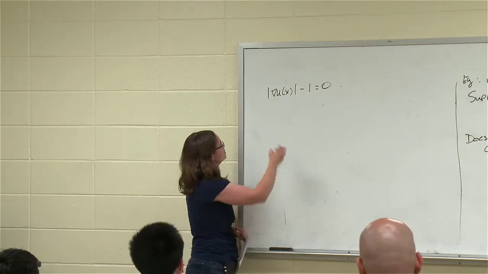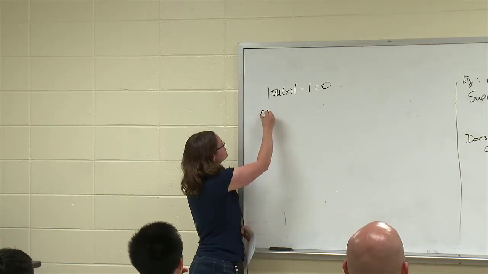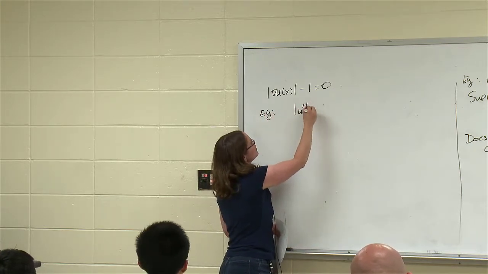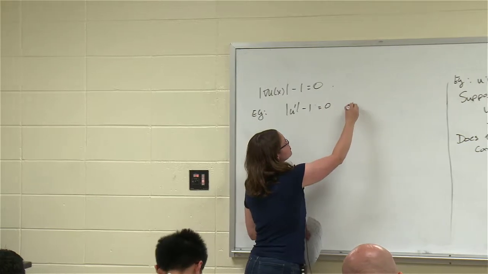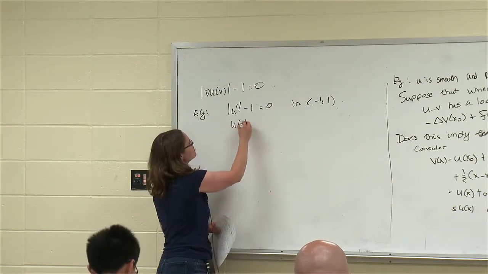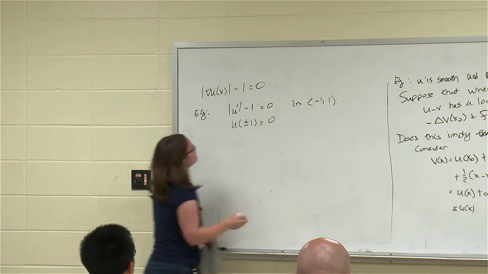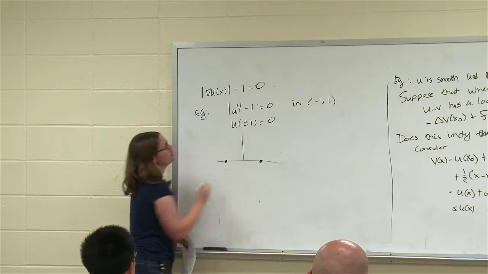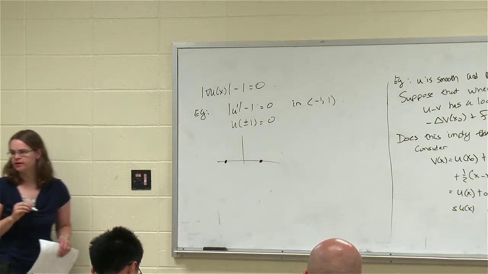So let's do a simple example of it. u prime minus 1 is equal to 0, say in (minus 1, 1), and u at plus or minus 1 is equal to 0. So we're 0 here, and we should have slope 1 in between.